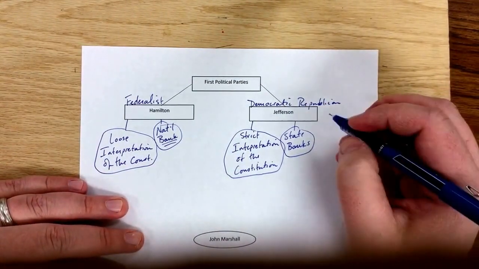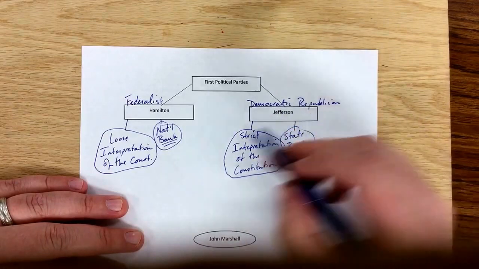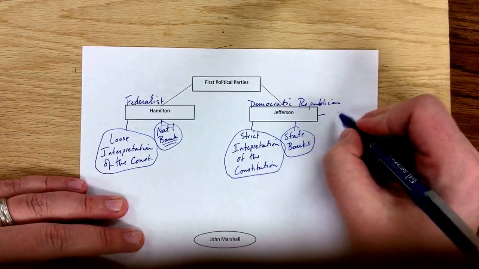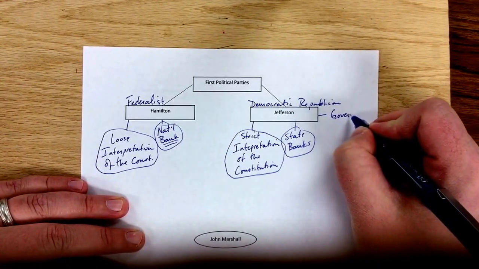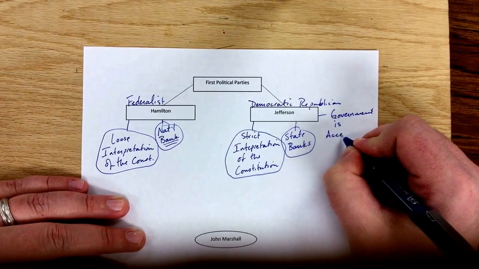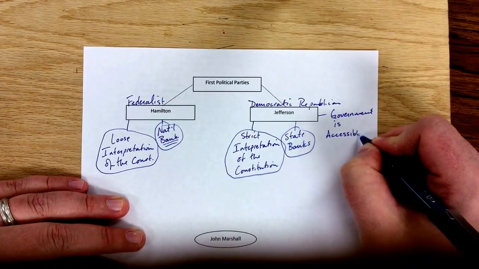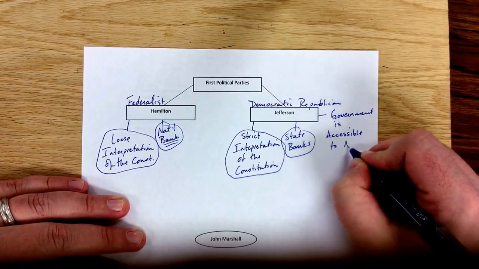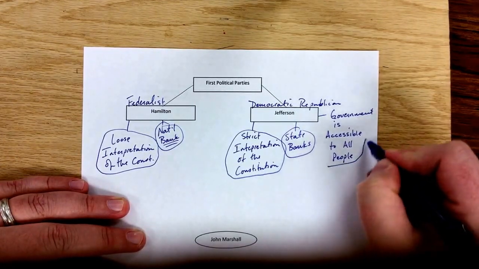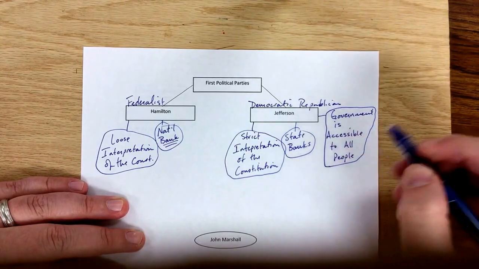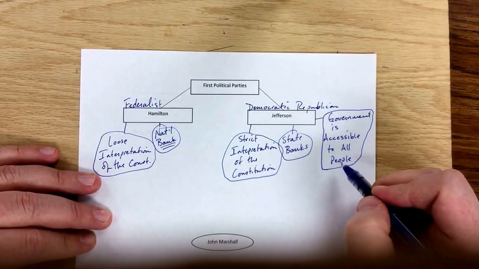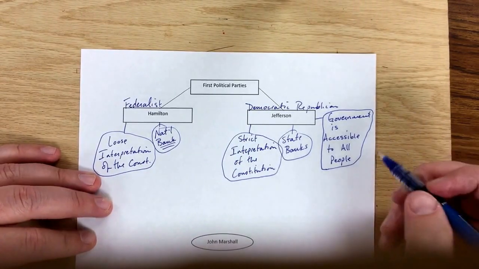Who's supposed to run the government under these two parties? What type of person, I guess? The Democratic Republicans said the government is accessible to all people. All levels of wealth, all levels of education are the types of people that should be in our government.